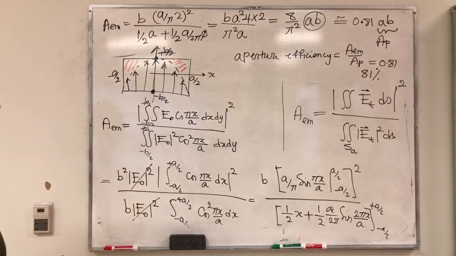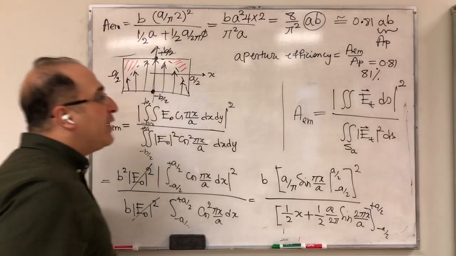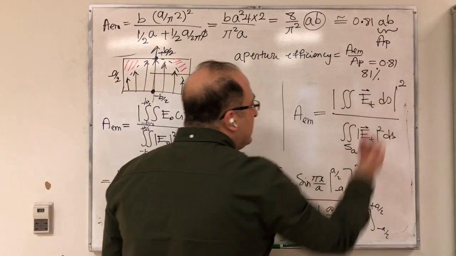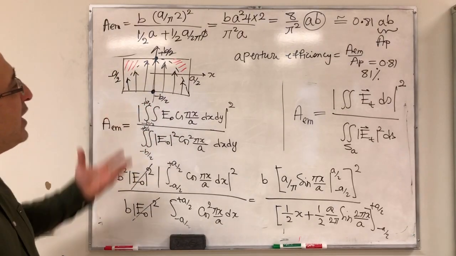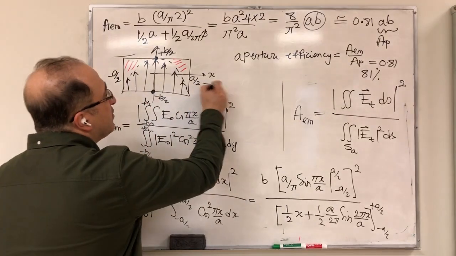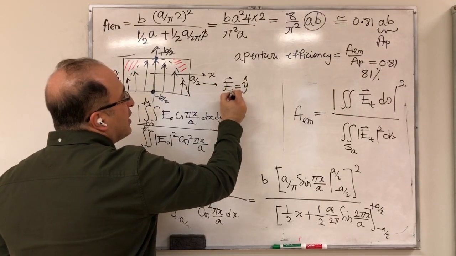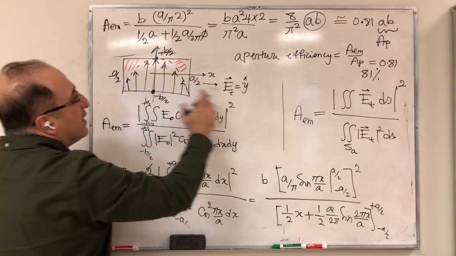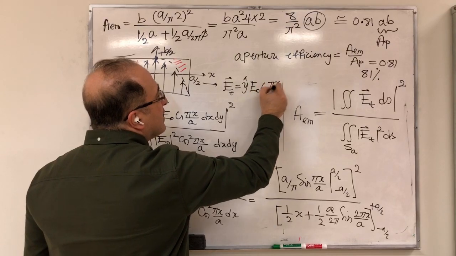So let's look at the whole procedure again. We had an equation for effective area, which was merely based on E on the aperture of the antenna. Now, we assume that we know the electric field on the aperture of the antenna. I had the expression here. You can add a T here because y hat is tangential to this rectangle, and E0 cos(pi x / a).